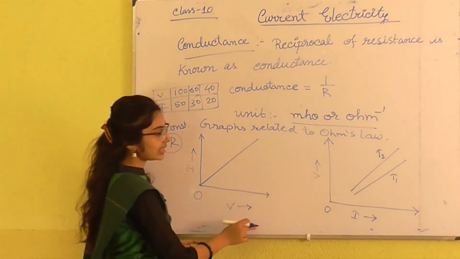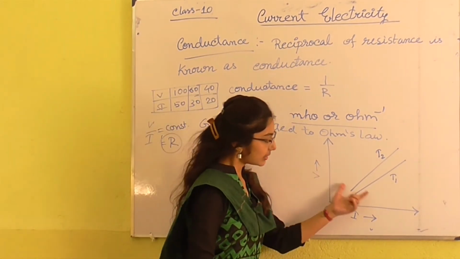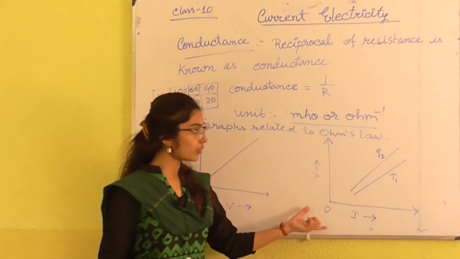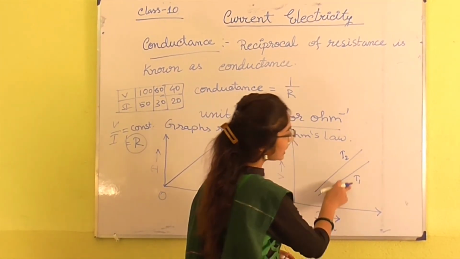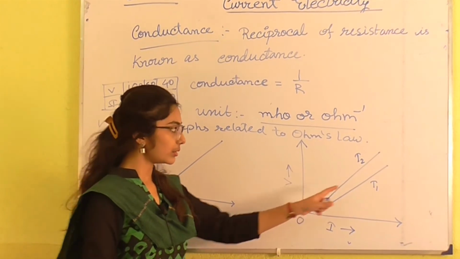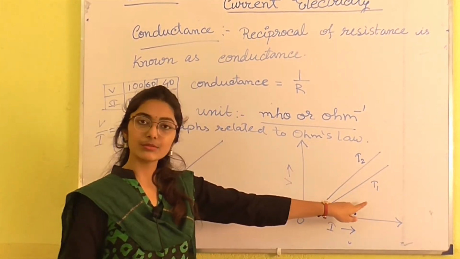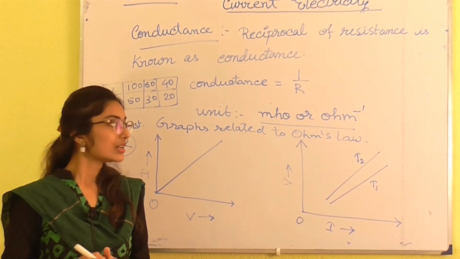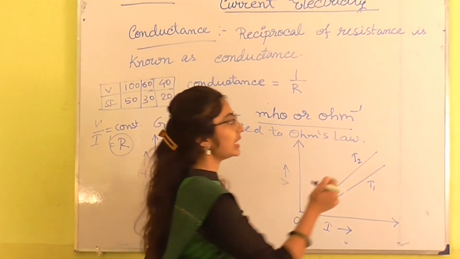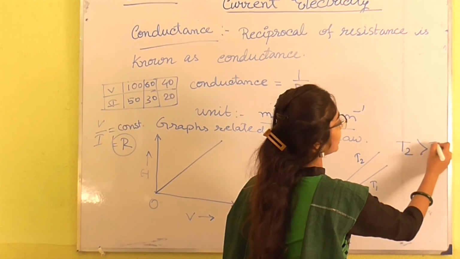This is another representation, a graph of Ohm's law, where you can see there are two temperatures given. One graph is for temperature T1 and another graph is for temperature T2. Here T2 is more than T1.